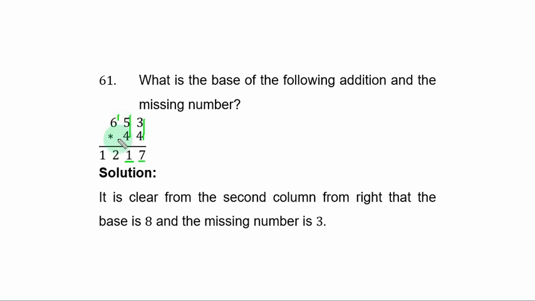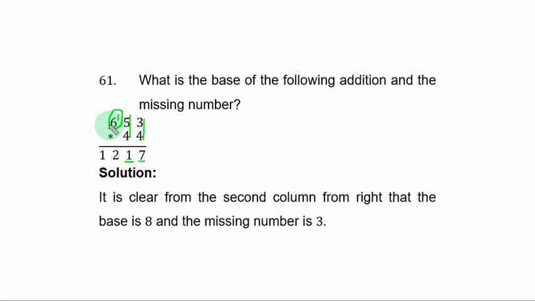Okay, so this place you have 12. That means you divided by base 8 what you have. So remember, we have 8 here, we have 6. If you add 6 and the 1 you brought forward, you have 7 first.